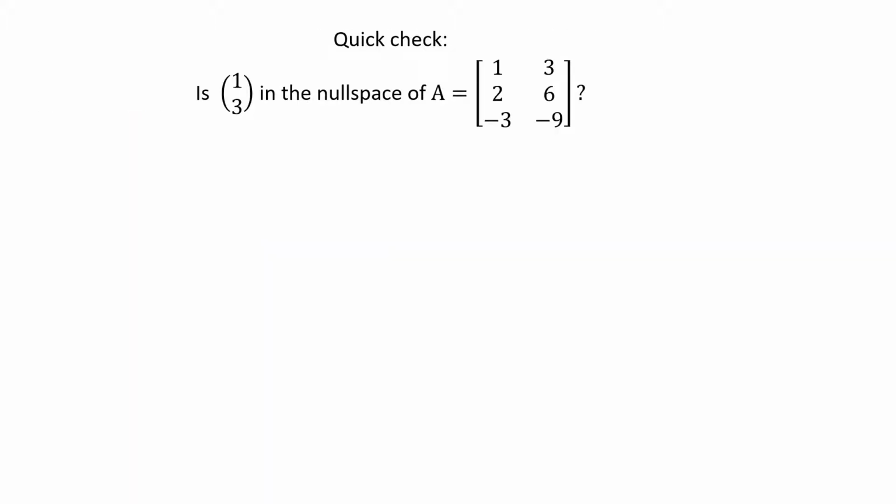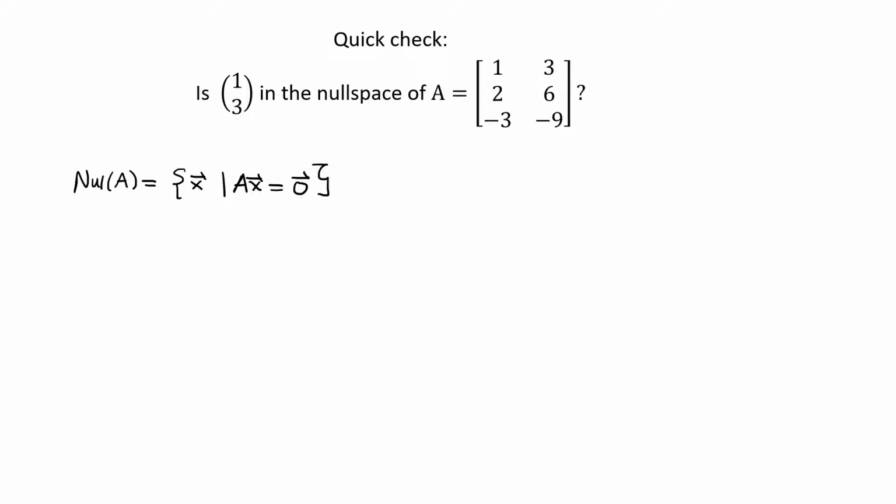Let's take a moment to practice the definition of null space. Please pause this video while you decide whether or not the vector 1, 3 is in the null space of A. So there are a few ways to proceed, but let's remember our definition. The null space is a set of vectors so that A times that vector gives us a 0 vector.